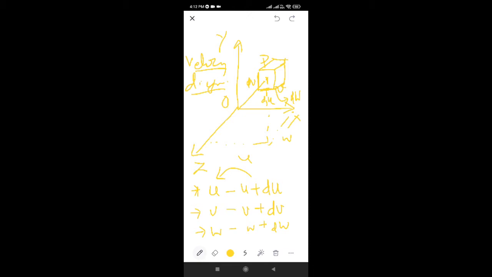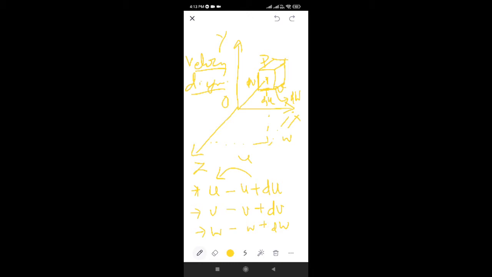Now we are considering molecules whose velocities in the x direction are u to u plus du, whose velocities along the y direction lie between v and v plus dv, and whose velocities in the z direction lie between w and w plus dw, within a small box with sides du, dv, and dw.